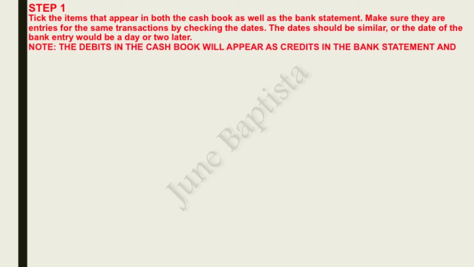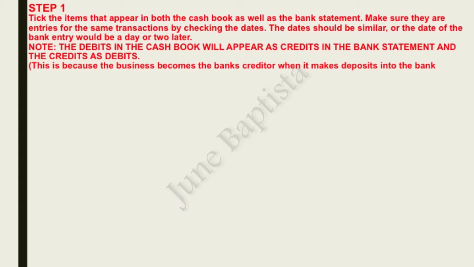Note, the debits in the cash book will appear as credits in the bank statement, and the credits in the cash book will appear as debits. Why? This is because the business becomes the bank's creditor when it makes deposits into the bank account, and for the business, the bank is now its debtor.